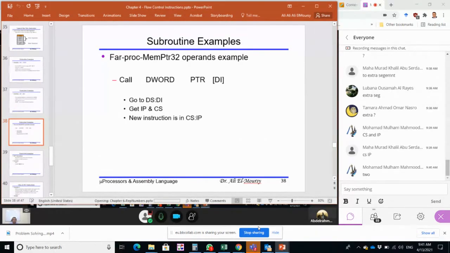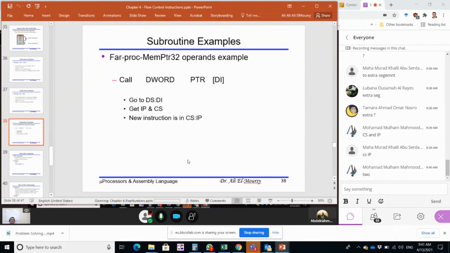The far jump should give me two addresses, the address for the IP and the address for the CS. What I will retrieve from the memory will be the new segment and offset for this code instruction.